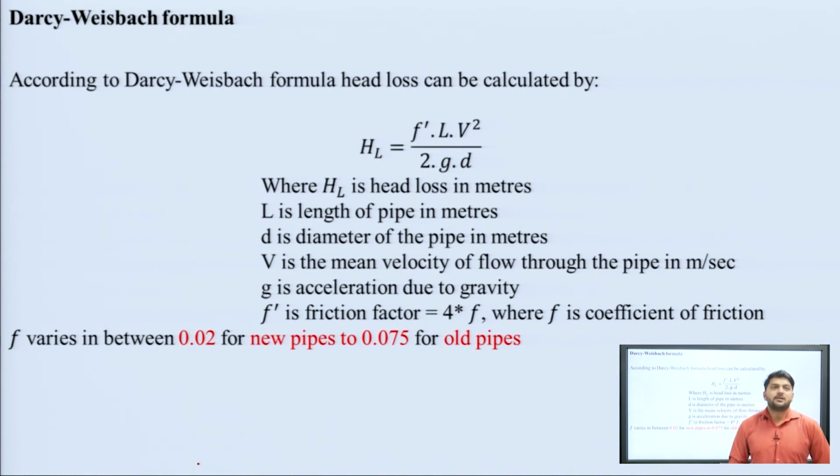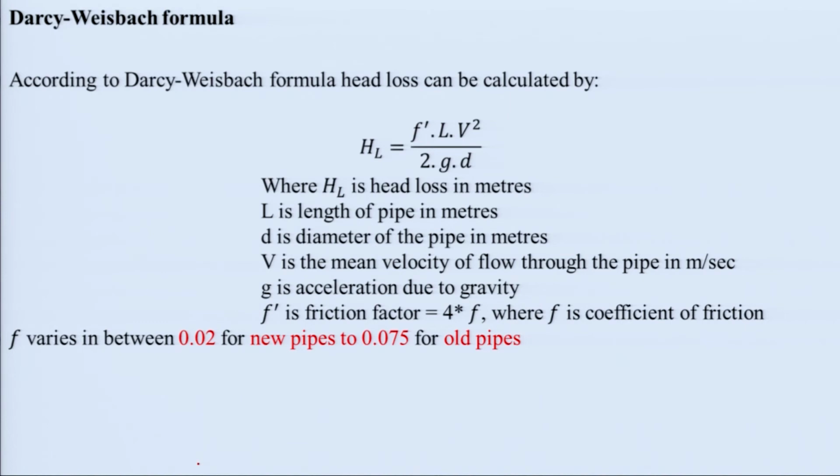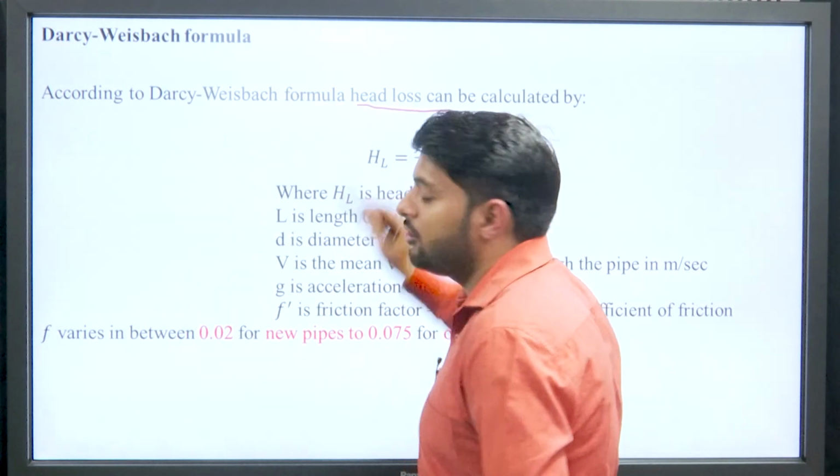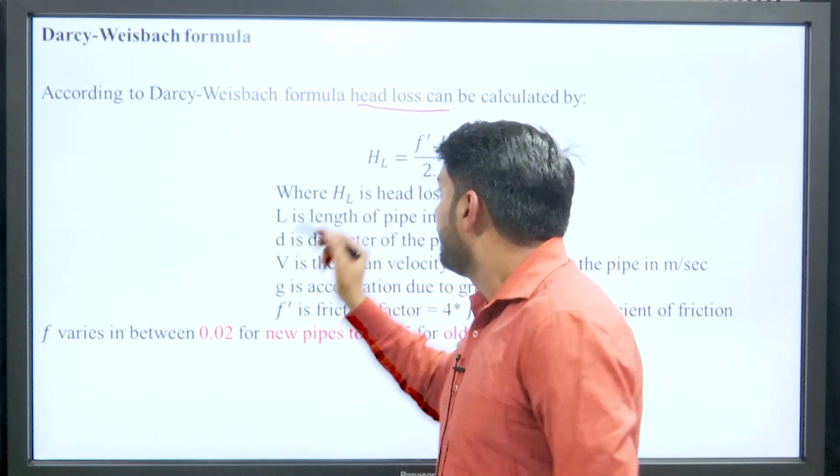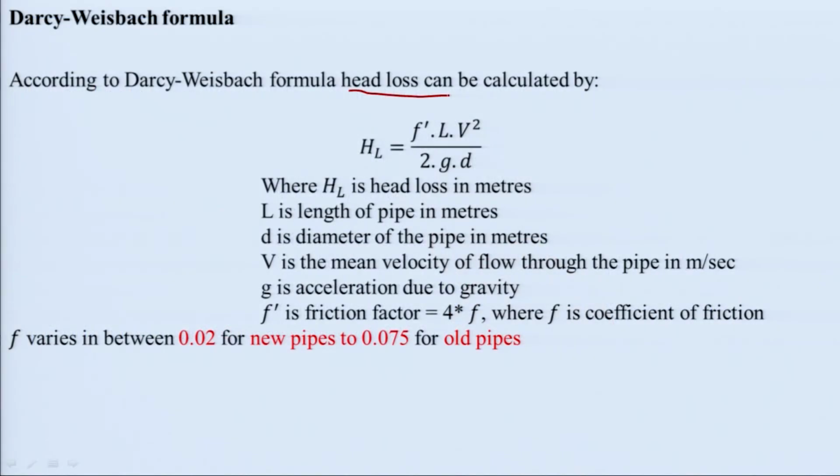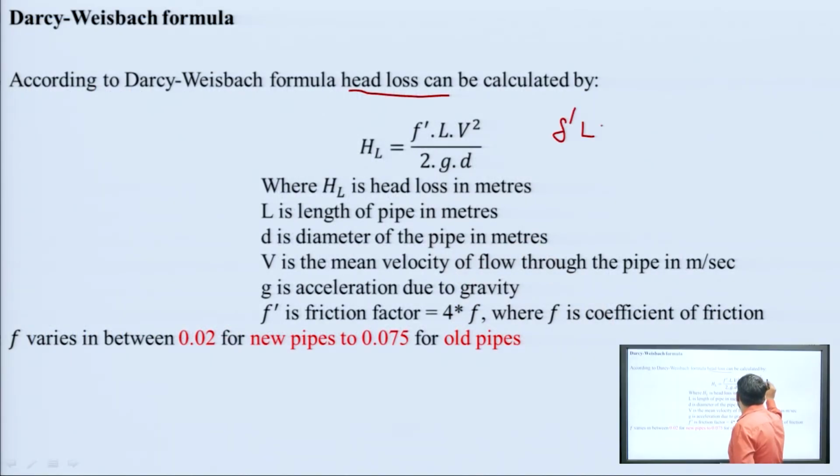Next formula is Darcy-Weisbach formula. This formula is actually used for calculating the head loss, which equals F' L V square upon 2 g D, where F' is what?